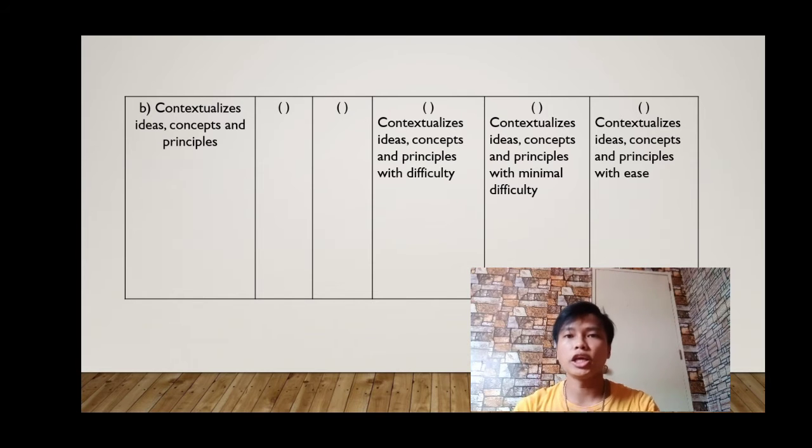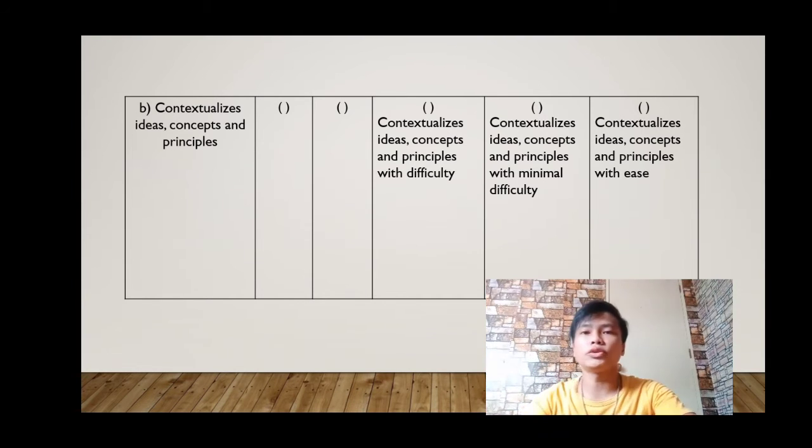And the next category, which is capable: the students can contextualize ideas, concepts, and principles with minimal difficulty. So the example of this, the students contextualize some of the ideas, the concepts, principles, but with minimal difficulty. So let's proceed to the next category, which is competent.